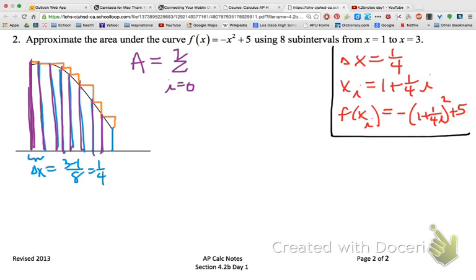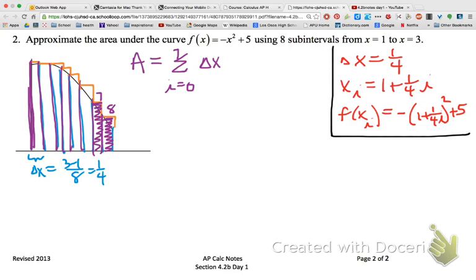Because those are what determine essentially those little orange staircases, and they determine the height of those rectangles. So all the way up to the top of the orange is a rectangle. So this is rectangle 8, and this is rectangle 7, and so forth. So now it's the left side that determines the height.